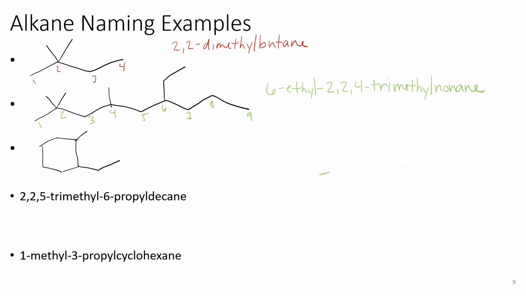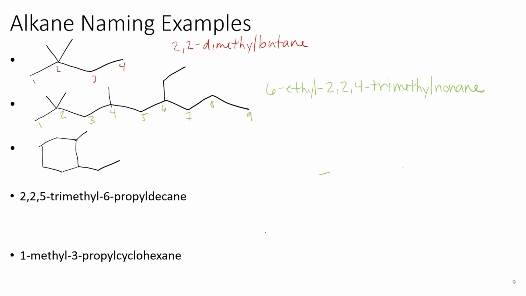Along with that, we have numbered it so that the first substituent is on the lowest possible number. So my first substituents are on 2 versus going the other direction, which would put them on 4. We have then alphabetized. So notice ethyl comes before methyl, and it does not matter what the locants are. We alphabetize by the M, not the T for the trimethyl. And we include, once again, all of the locants for all of the substituents.